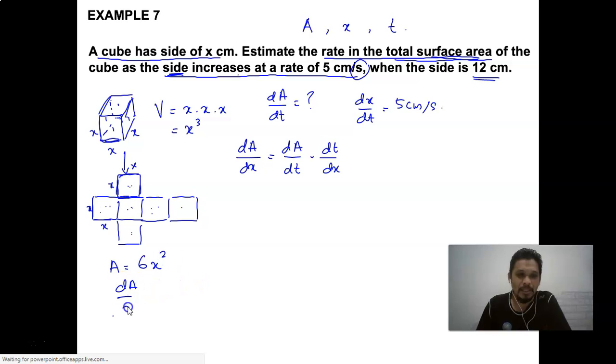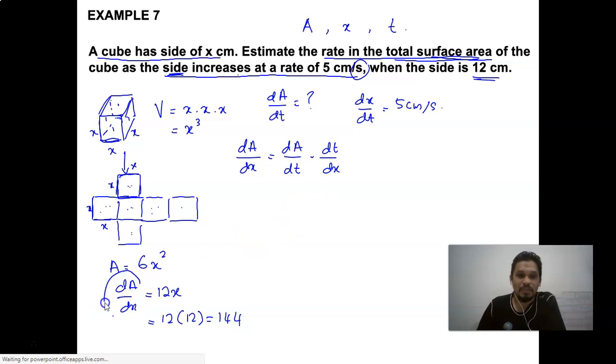Then dA/dx equal to 12x. There you go. Okay, and then when the side is 12 centimeter, 12 times 12 equal to 144.